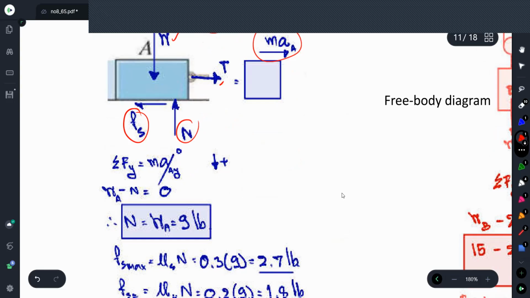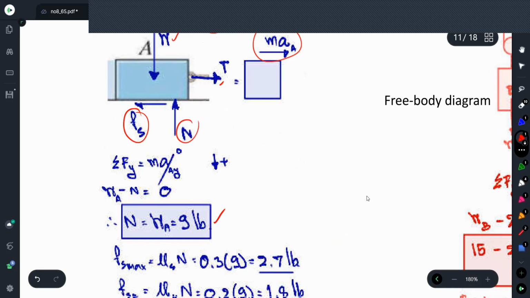First, we consider the y direction: summation Fy equals m a_y. But the block stays on the floor, so it has no motion in the y direction, so a_y is 0. So in the y direction this is equilibrium, and we find that the normal force is 9 pounds.